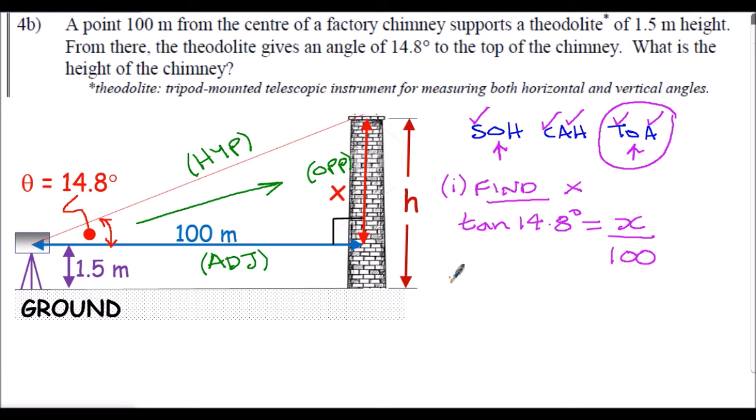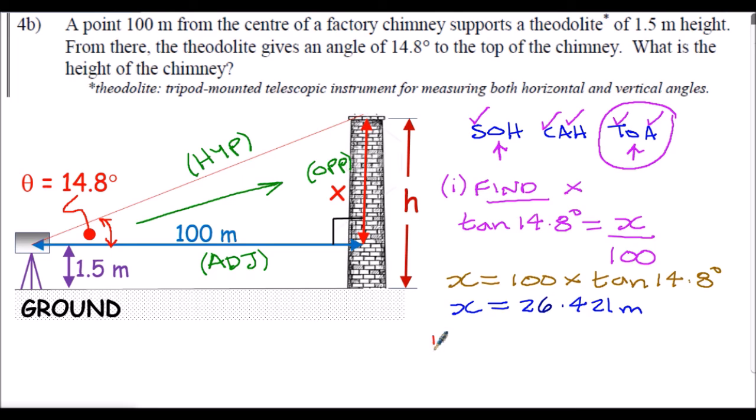Rearranging the equation, x is equal to 100 multiplied by tan 14.8 degrees. Typing that into my calculator, dimension x is equal to 26.421 meters. That's to 3 decimal places.